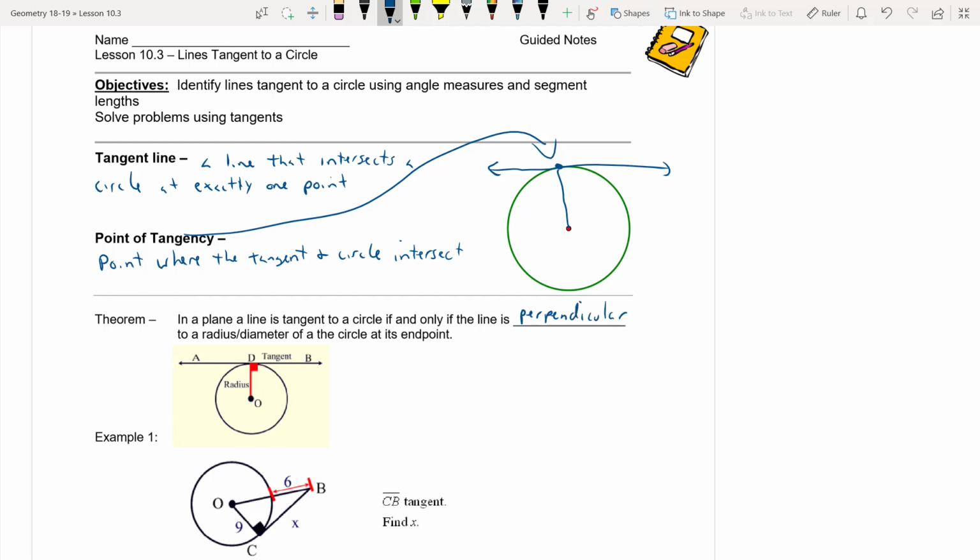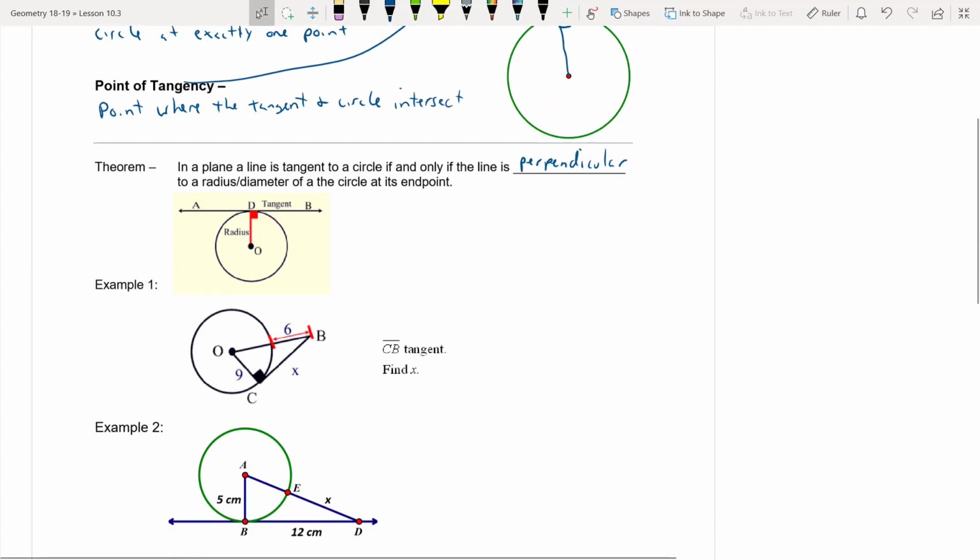So no matter what, you'll always end up having a right angle right there. And this allows us to utilize Pythagorean theorem, especially if I end up with this third line out to my tangent line through my radius, all that good stuff like you're going to see in these examples. But it allows us to have that right angle in there and give us the ability to use Pythagorean theorem.